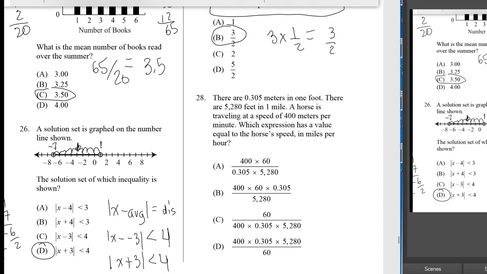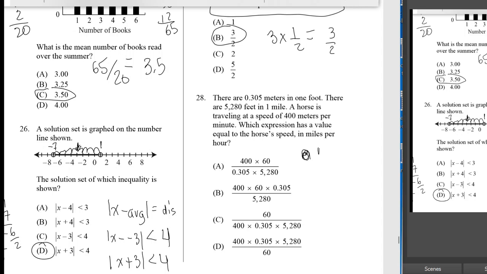Okay, so if I have 400 meters per minute, but what I really want is miles per hour, right? So let's break down each thing that I want.